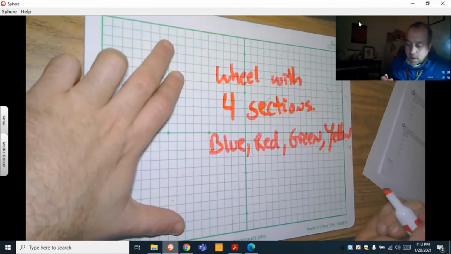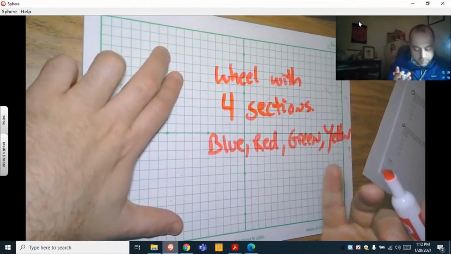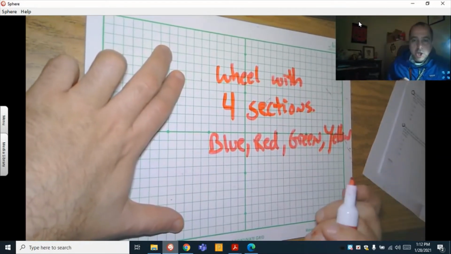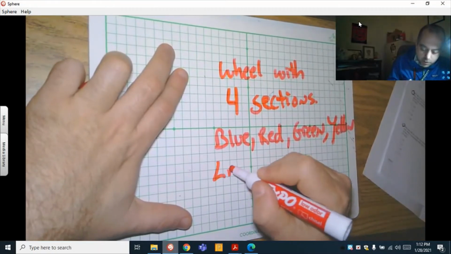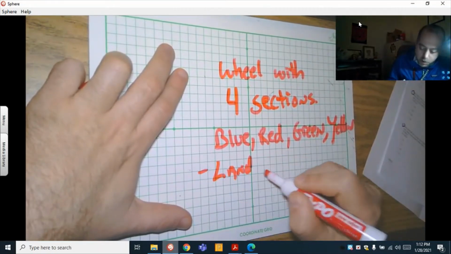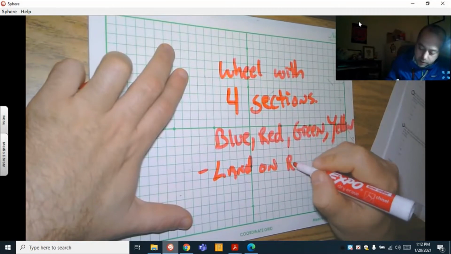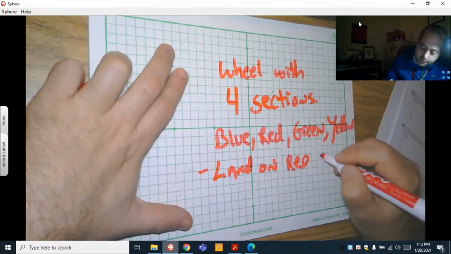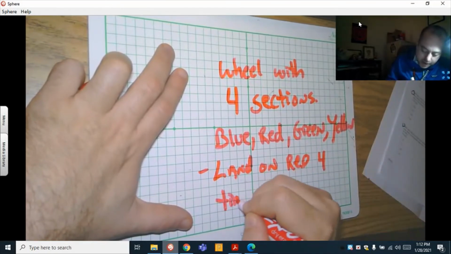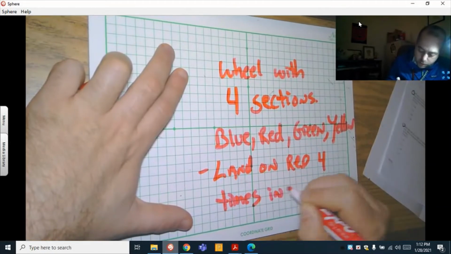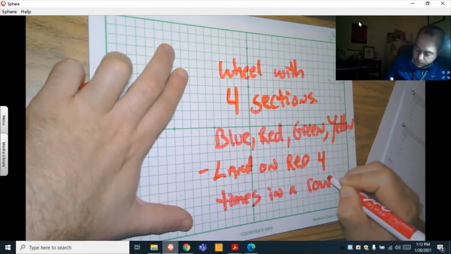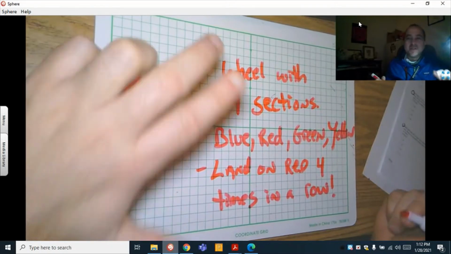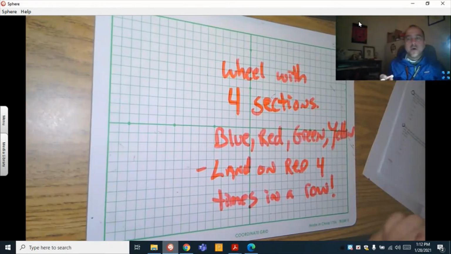For you to win the prize, you have to land on red 4 times in a row. That's tough, right? What's the probability you can spin the wheel and land on red 4 times in a row?